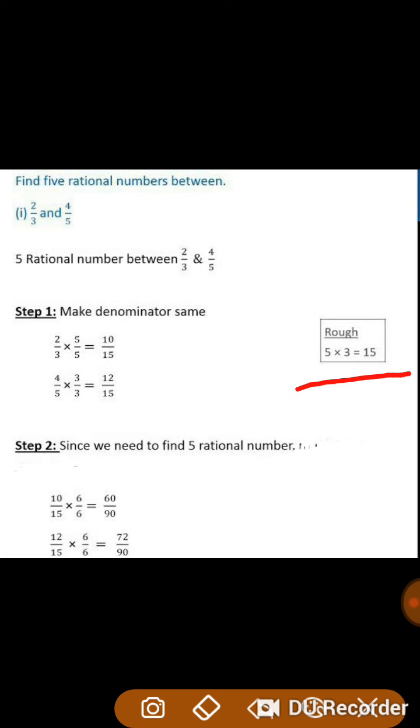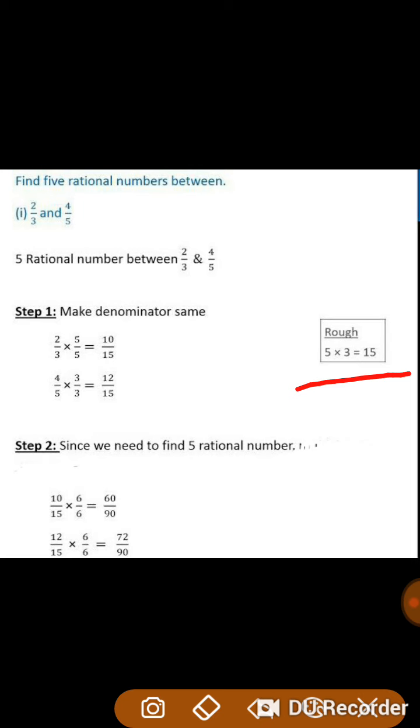Now, we have to make the denominators same. So, for the first rational number 2 by 3, we have to multiply it by 5 by 5 to make it 10 by 15.